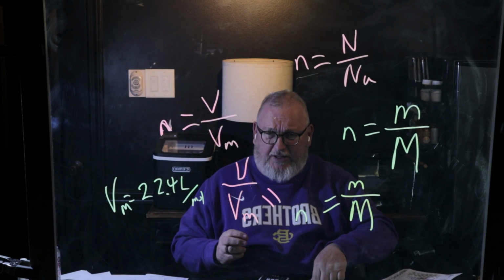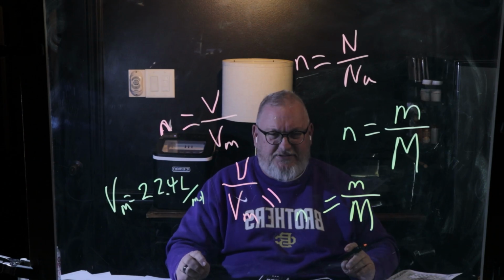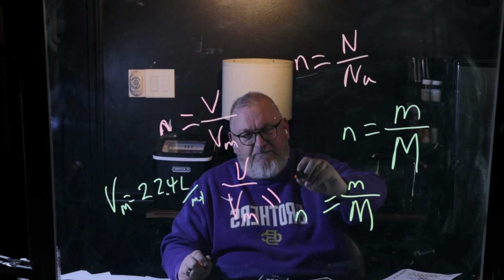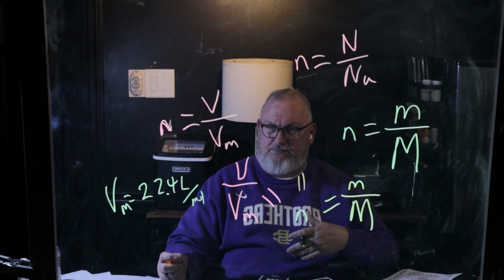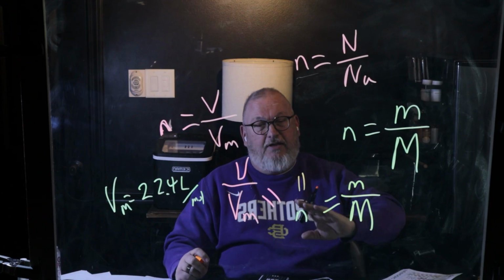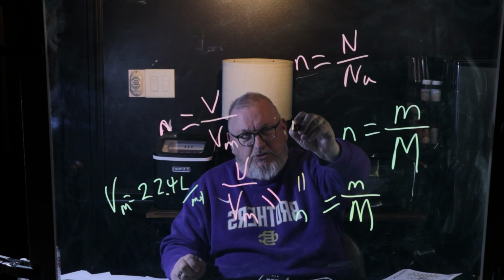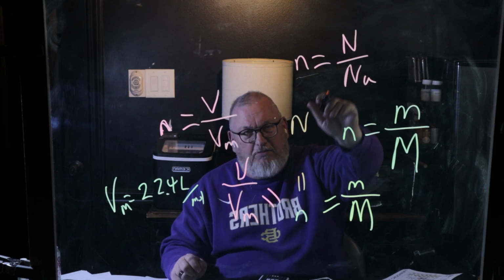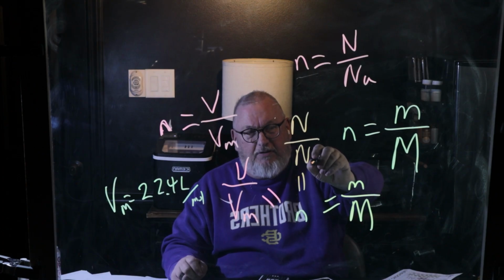And our last relationship is if we have particles, atoms, molecules, golf balls, whatever. The number of moles of particles is equal to the particle sample divided by Avogadro's number.